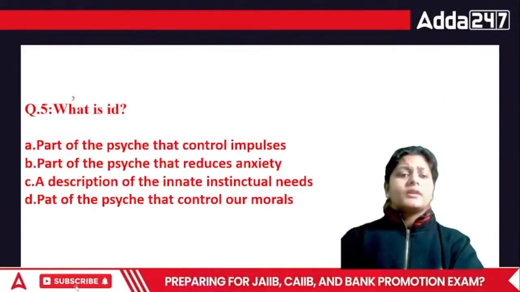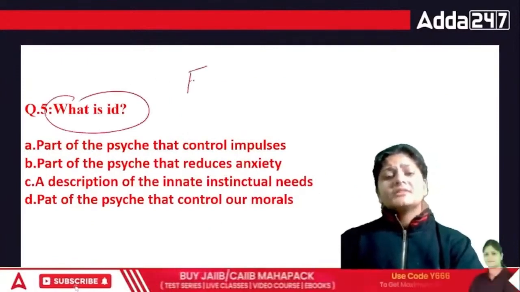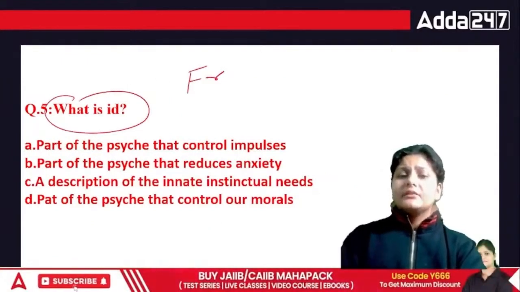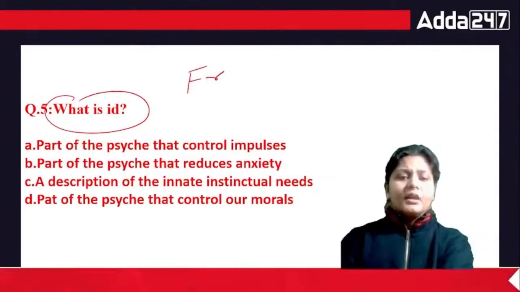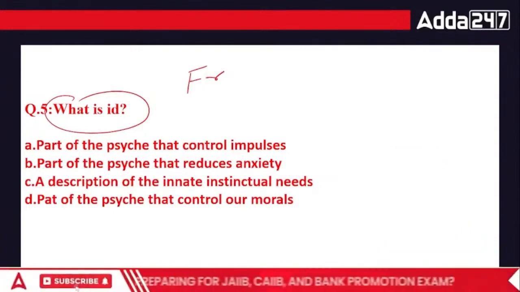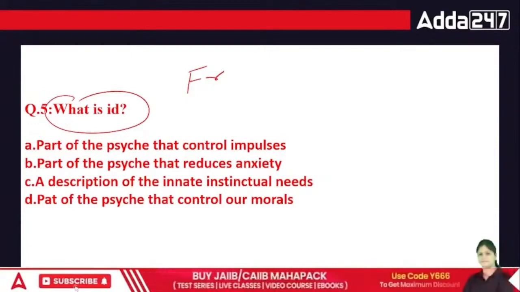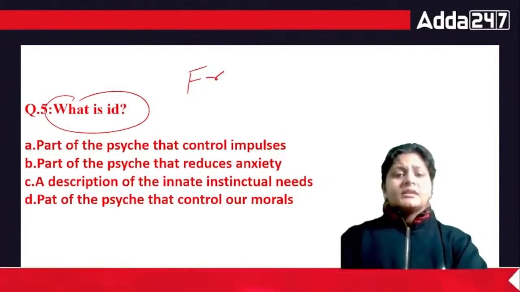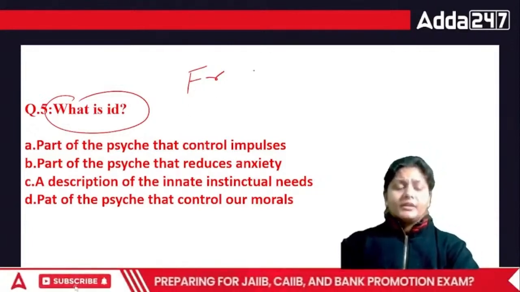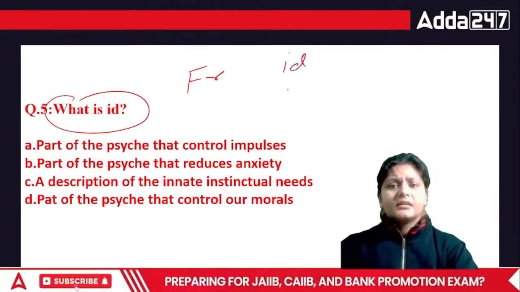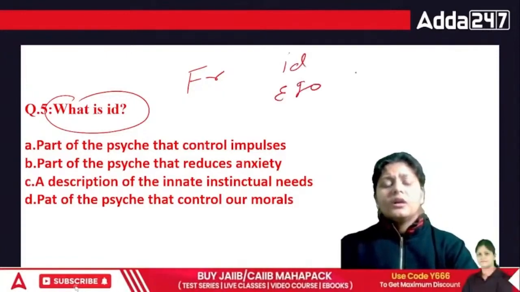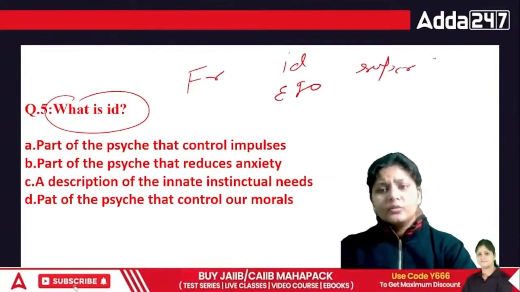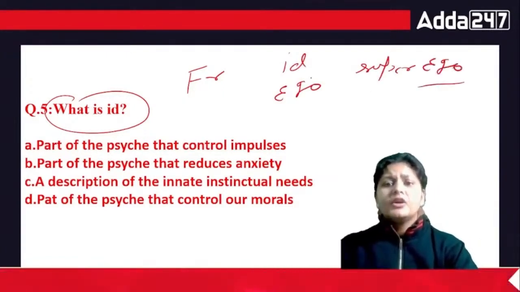Next question is, what is the id? See, in the personality theory, 3 ego states are given, right? That is id, ego and super ego. Now what is the meaning of id?